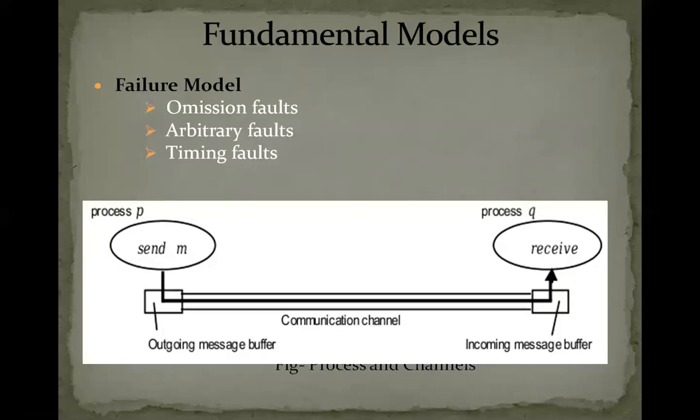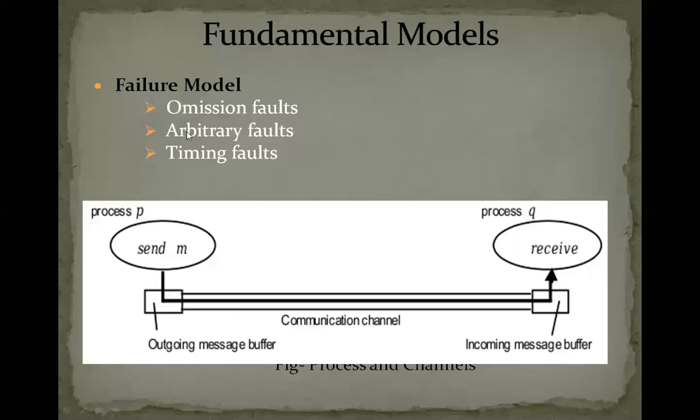So as far as the distributed system is concerned, there are various processes as well as there are many communication channels, as we know. So the possibility of failure either in the processes or in the communication channel or in both can occur. So that is why it is divided into three parts: omission failure, arbitrary failure, and the timing failure.